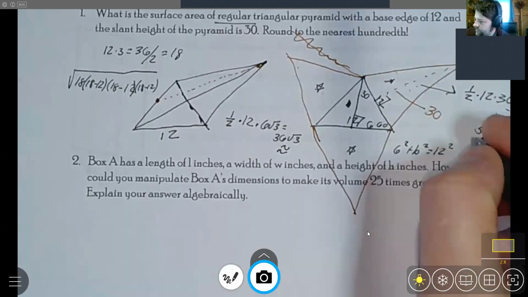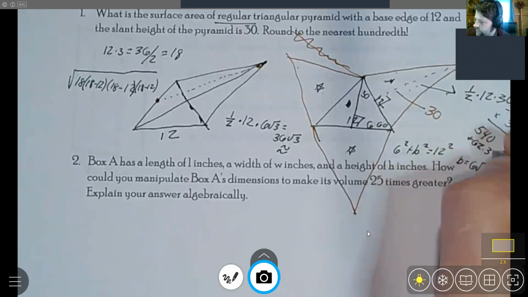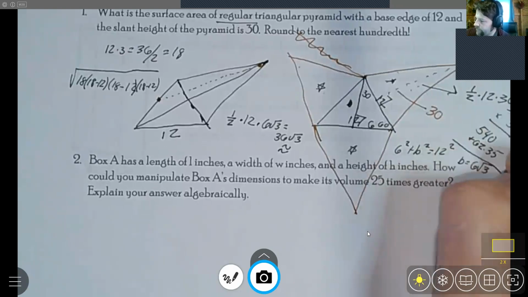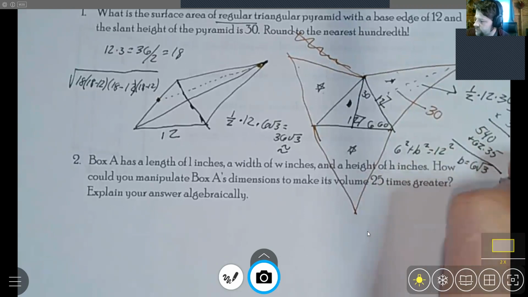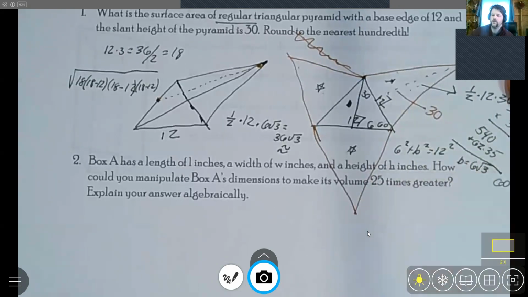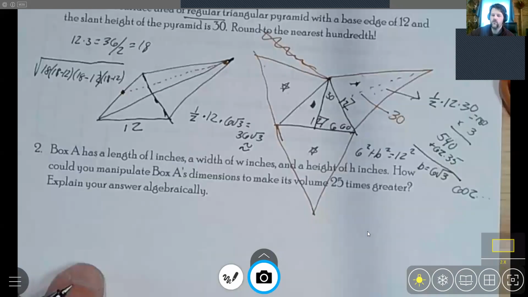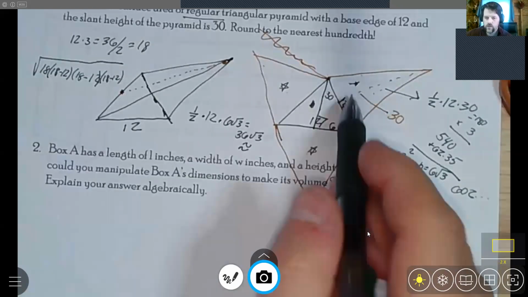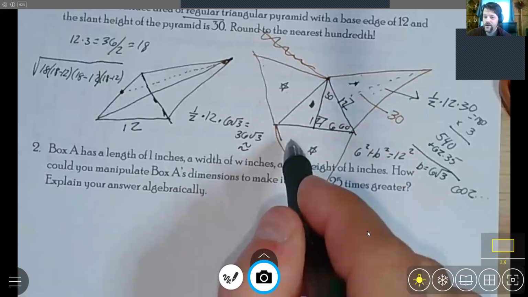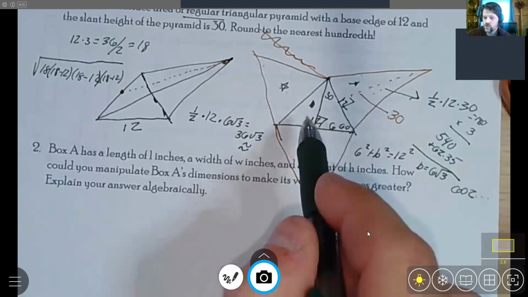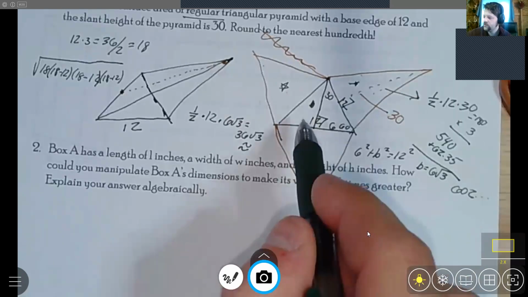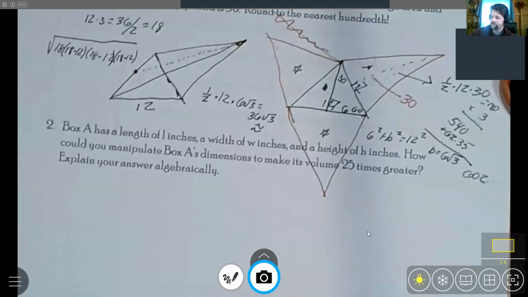So in my case, I'd be adding 62.35 whatever here, and end up with 602 something. Okay, so for most of you, you either thought the base was a square or you didn't know how to calculate the area of this triangle correctly. So that's the process there.